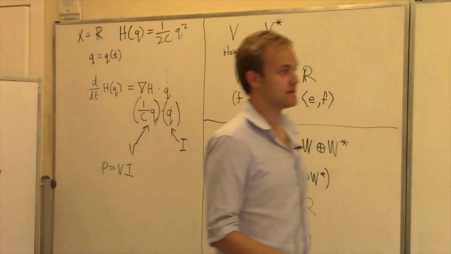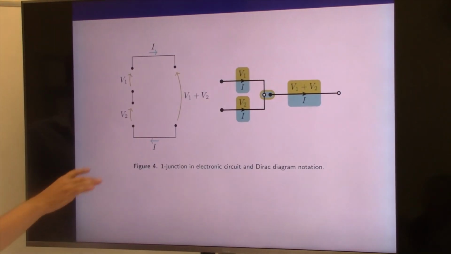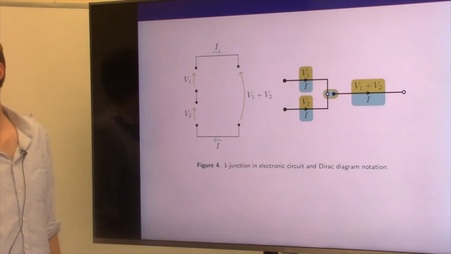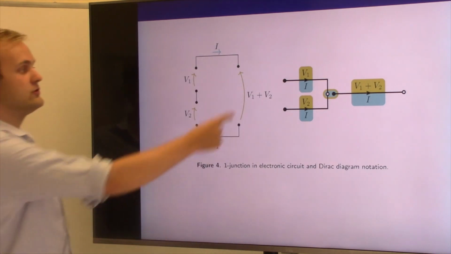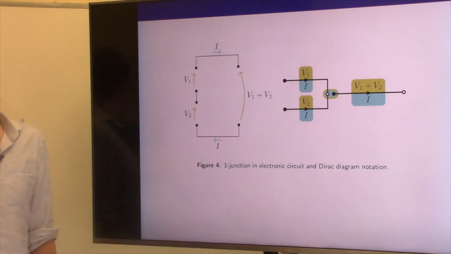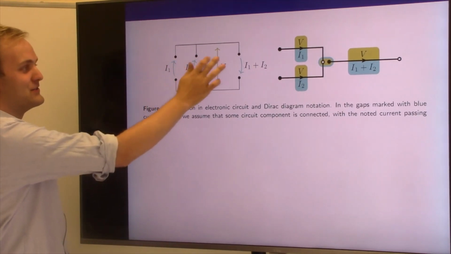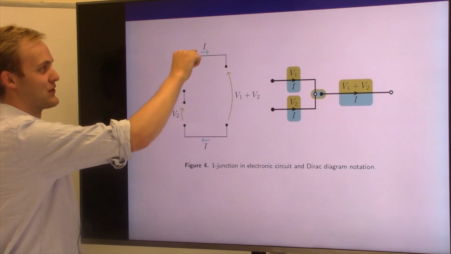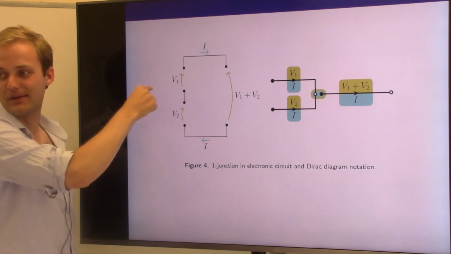So if we look at this relation again, the total space is 6-dimensional because we have 3 pairs of efforts and flows. And now the constrained space, well, we can choose V, we can choose V2, and we can choose I. This is what we were looking at before. We can choose I1 and I2 and V. This is sort of the dual situation where the current is the same throughout the whole thing, but now the voltages add up.